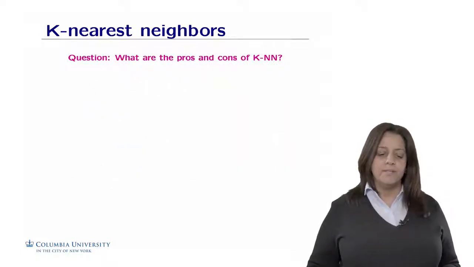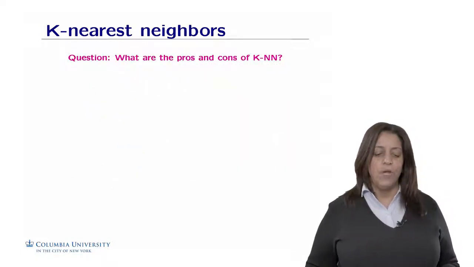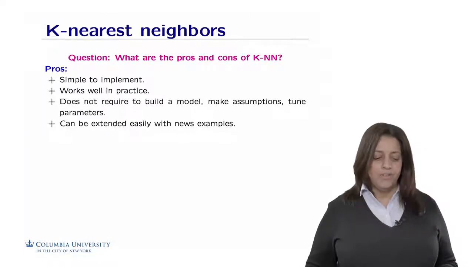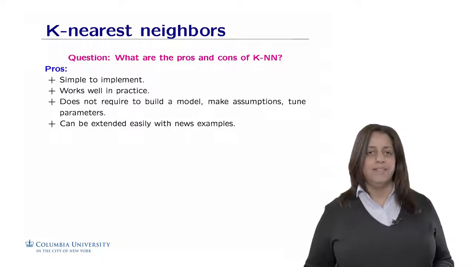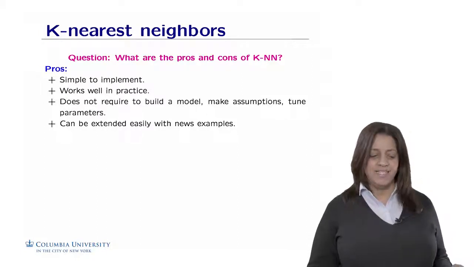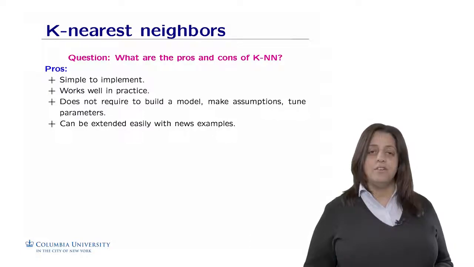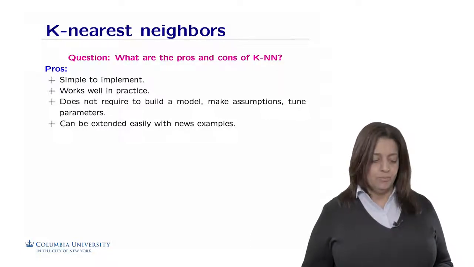So k-nearest neighbors seems very simple and very straightforward. What are the pros and cons of k-nearest neighbors? First of all, the advantage is that, as you have seen, it is very simple to implement. Store your data, check where your point fits in the data. It works very well in practice, and as a matter of fact, it has been used for several decades in different domains.